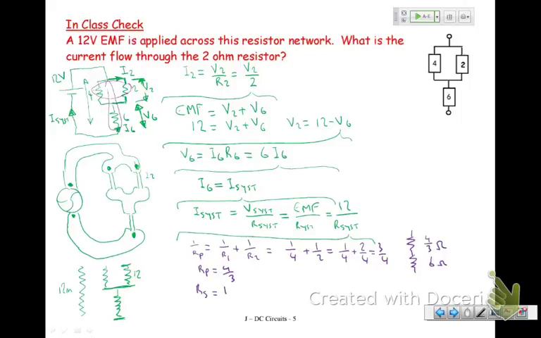So R series is R1 plus R2, which equals 4 over 3 plus 6, which equals 4 over 3 plus 18 over 3, which equals 22 over 3, which equals 7.33 ohms.